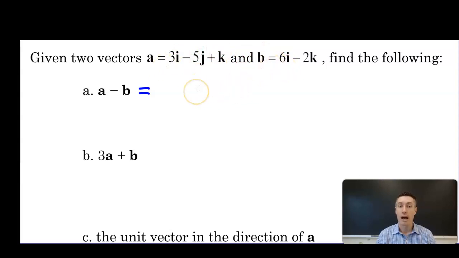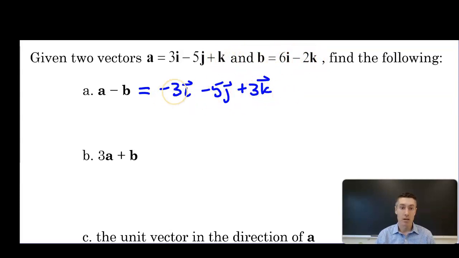Now we just have to match i's, j's, and k's. So this is going to be 3 minus 6, so negative 3i. And then negative 5j, there is no j component of vector B, so then minus 5j. And then 1k minus negative 2k, so plus 3k.